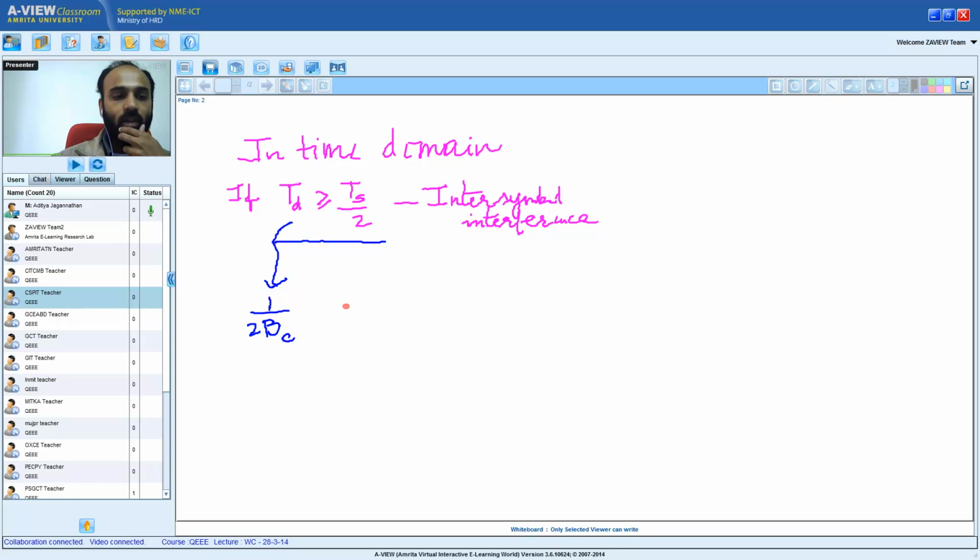And what is Ts by 2? Ts by 2 is 1 over 2 Bs, that is signal bandwidth. So 1 over 2 BC is greater than or equal to 1 over 2 BS, which means Bs is greater than or equal to BC. That is, we get the same condition for frequency selective.